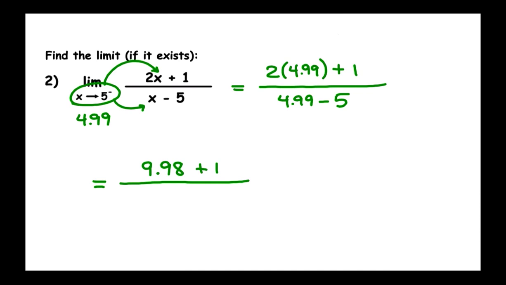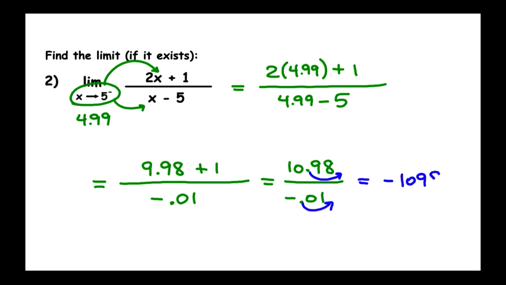And the denominator is going to be negative 0.01. All right, so you get that. If you were to move the decimal point over 2 places, you would just have a negative 1 on the bottom. Of course, the negative can slide around. I won't even need a fraction, but it's going to be negative 1,098. The answer here is going to be negative infinity. I can tell already.